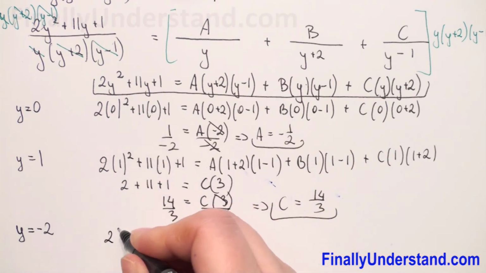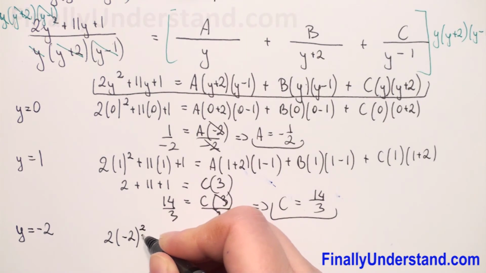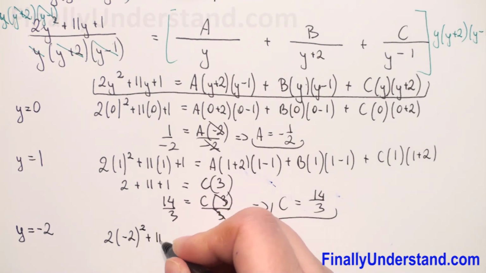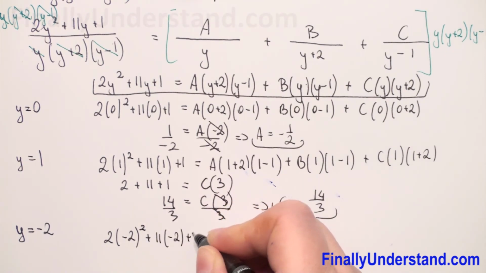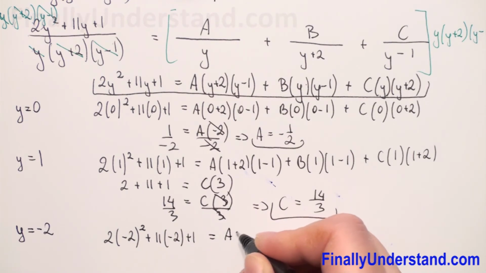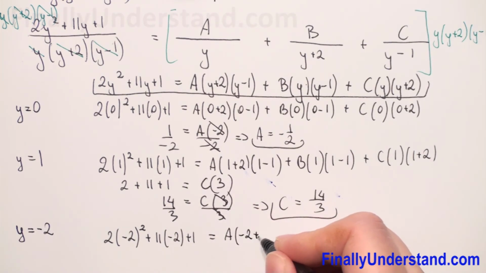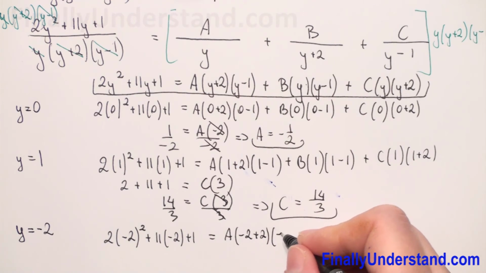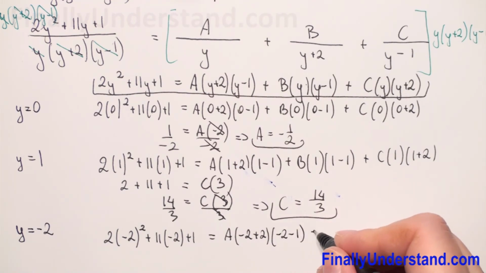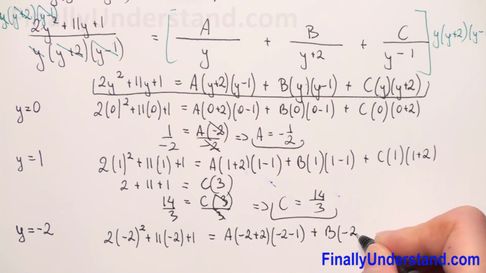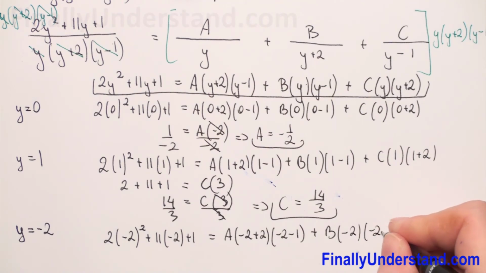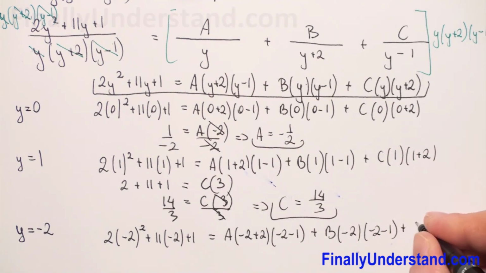So it will be 2 times negative 2 to second power plus 11 times negative 2 plus 1. So this is equal a times (negative 2 plus 2)(negative 2 minus 1) plus b times negative 2 times (negative 2 minus 1) plus c times negative 2 times (negative 2 plus 2).